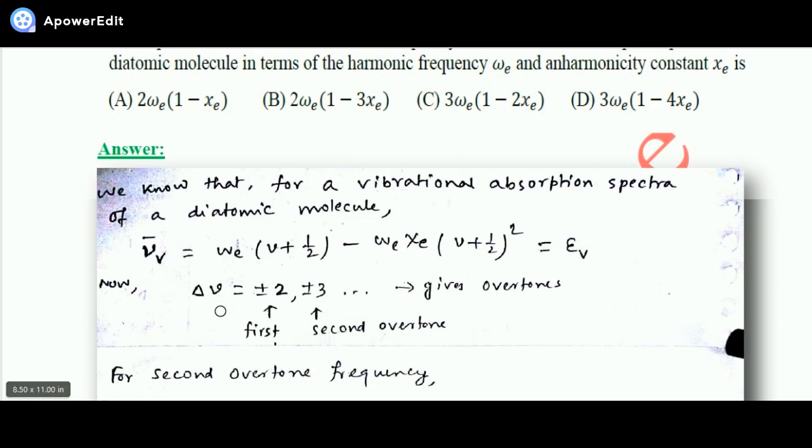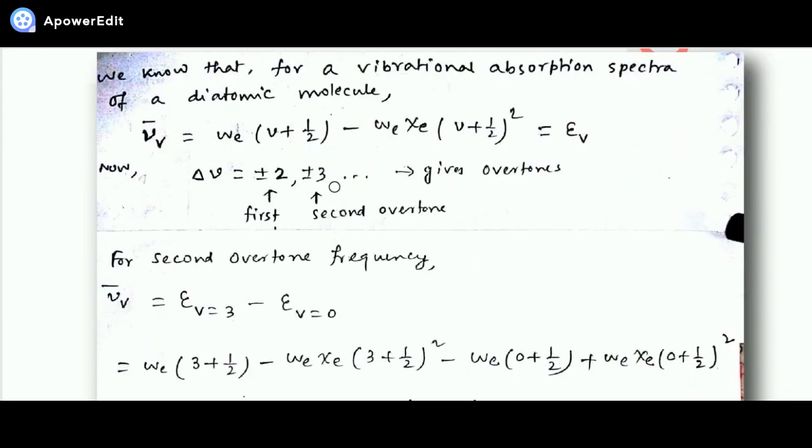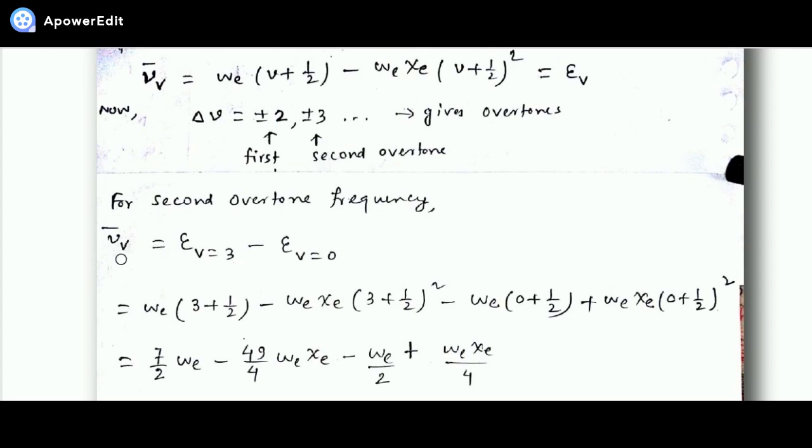We know from the selection rule that delta v equals plus minus 2, plus minus 3 in this case. So plus minus 2 will give the first overtone and plus minus 3 will give the second overtone. So we have to find out the second overtone frequency. Fine. So we'll put delta v equals plus minus 3. For the second overtone frequency, delta nu v bar equals E_v at v equals 3 minus E_v at v equals 0.